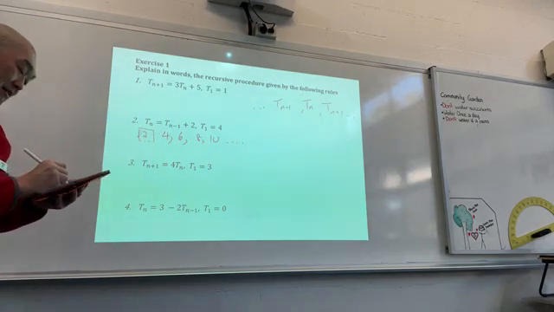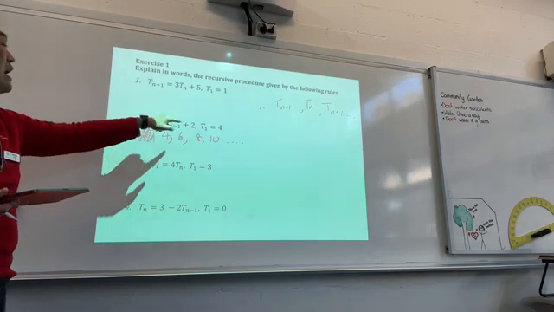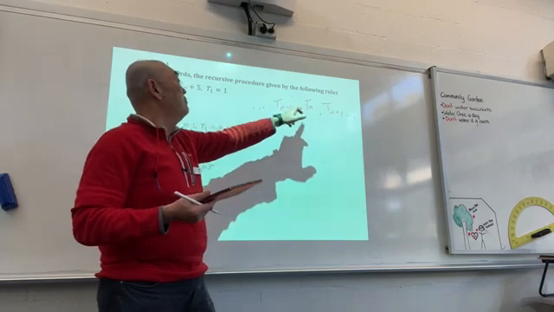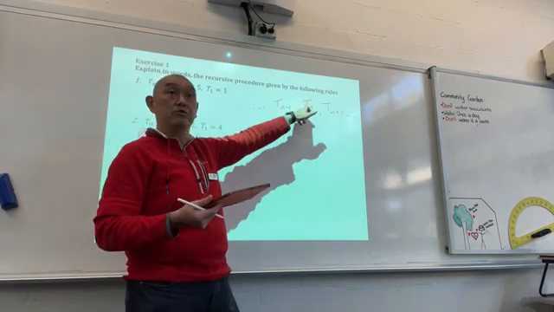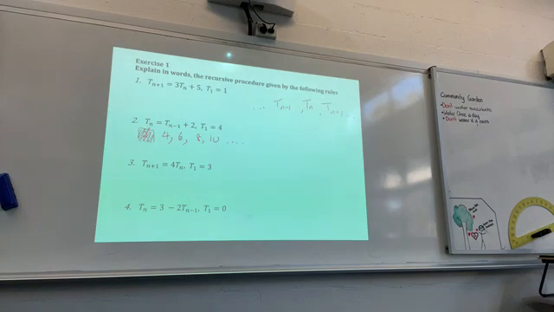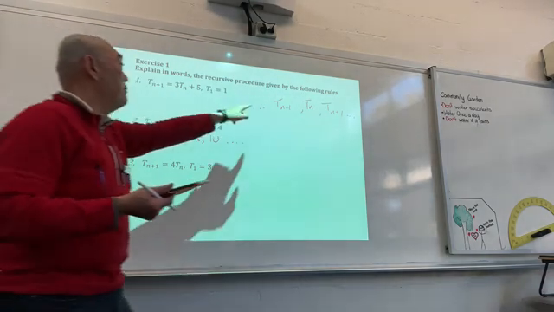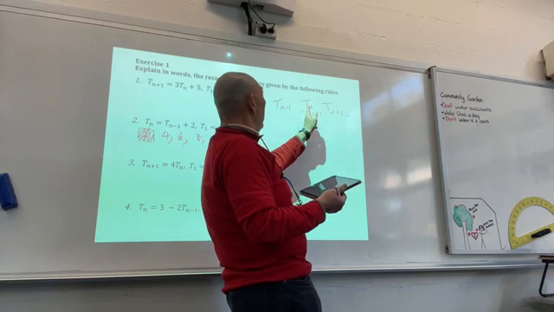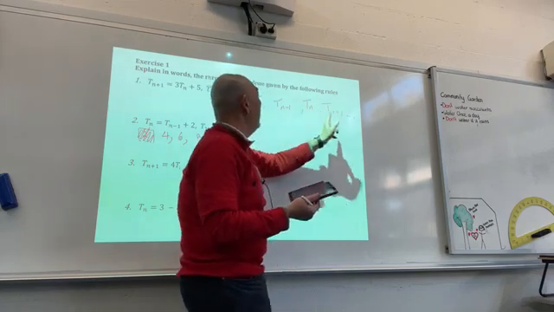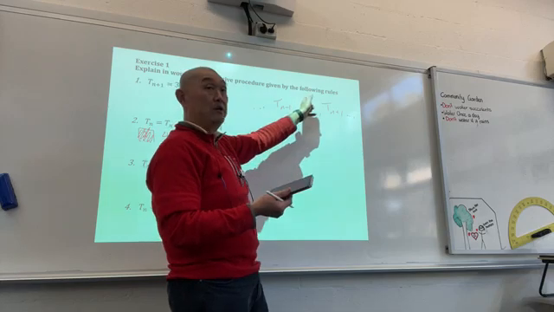Alright, so the process is basically the same. The subsequent term is the previous term plus 2. Correct? Agree? Yeah? So it doesn't matter whether it's n minus 1, n plus 1. N plus 1 equals that. So that plus 2 equals that. I can also describe as this plus 2 equals that.